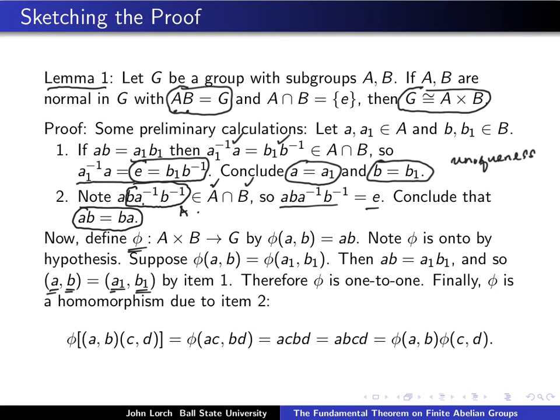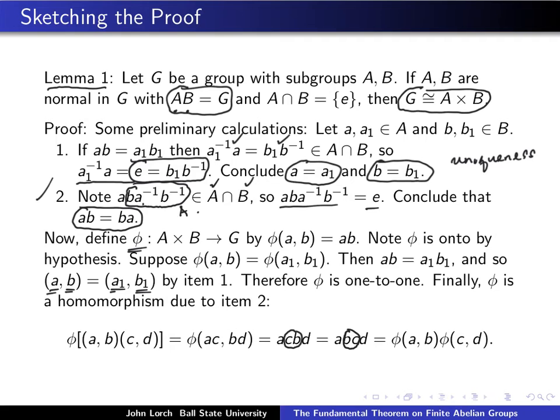And then using item 2 up here, we can show that phi is a homomorphism, right? So we take phi of a product. Well, how do we do that? That's phi of AC comma BD. Phi takes those two things and multiplies them together. Now remember that C is in A and little b is in capital B. And so I can take this product by item 2 above and reverse the order.